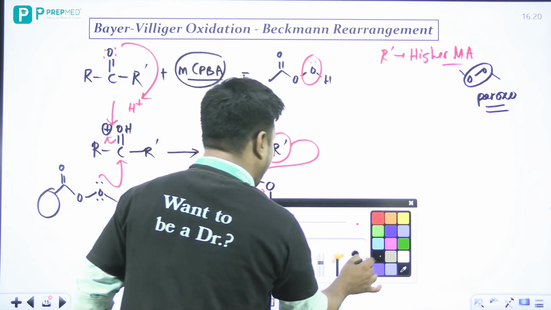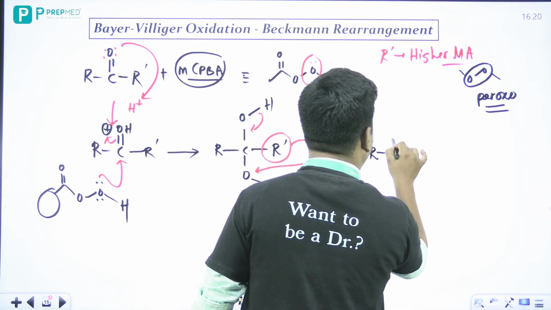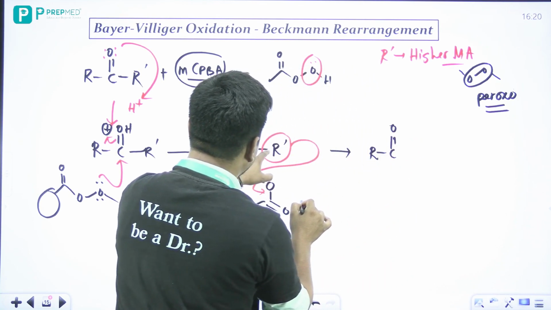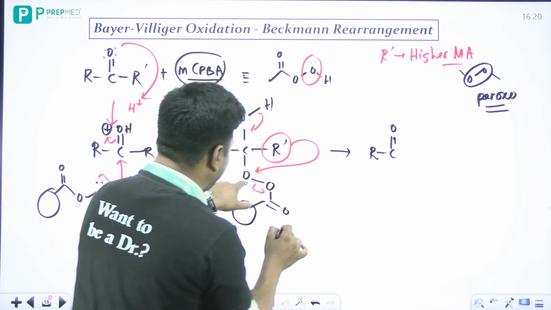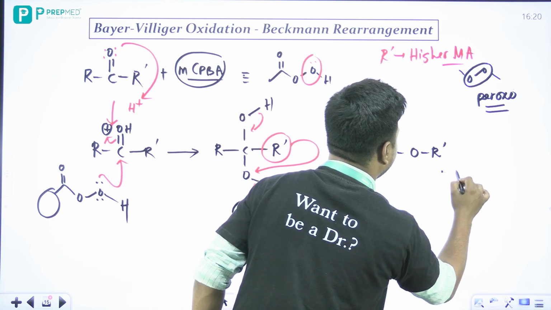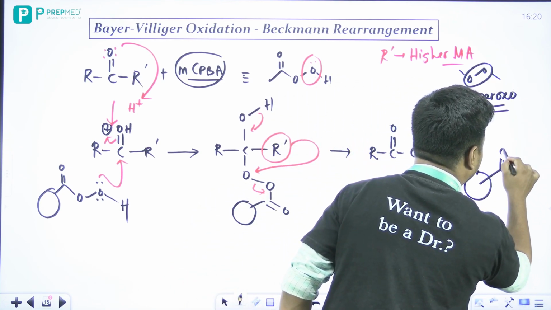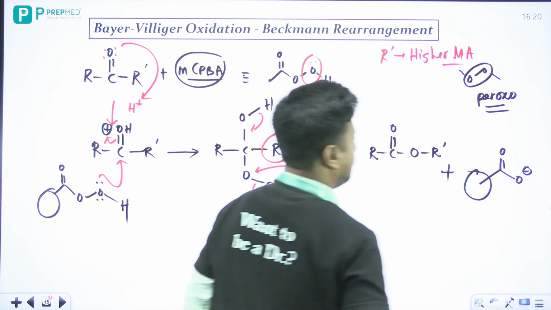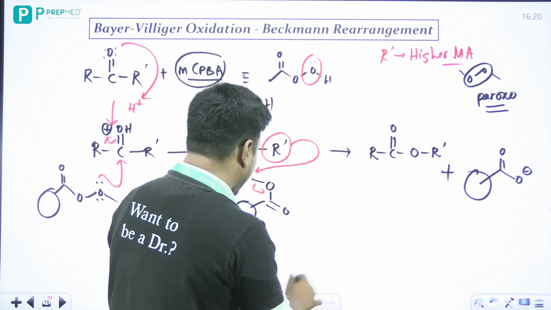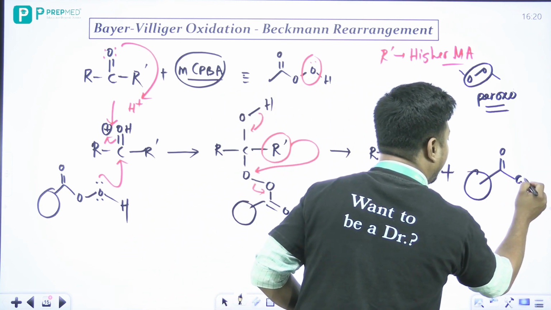So what is the final product we are getting here? The final product is R C double bonded O, and you can see this R prime is now shifted to the oxygen, so OR prime, plus whatever moiety is here we are getting the corresponding acid. Definitely, since the medium is acid medium, this will not stay as oxygen, it will be OH.